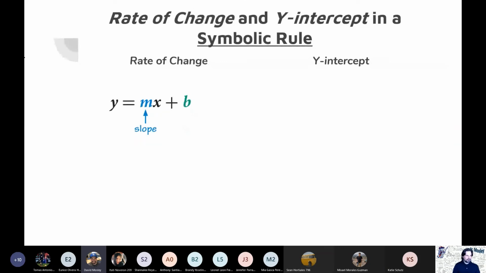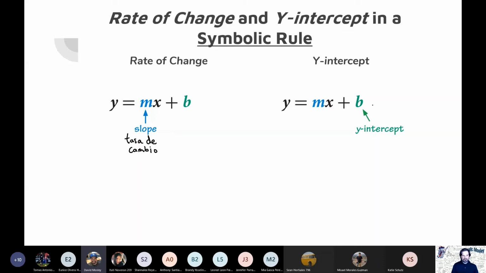So then when we see this slope is the same as the rate of change. They mean the same thing. Christian, see? And then the y-intercept in a rule is b.